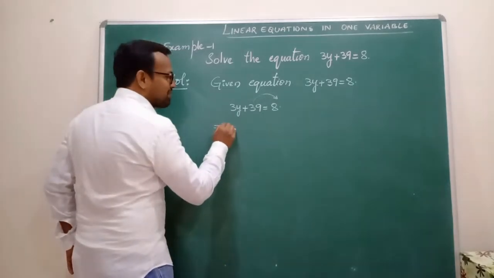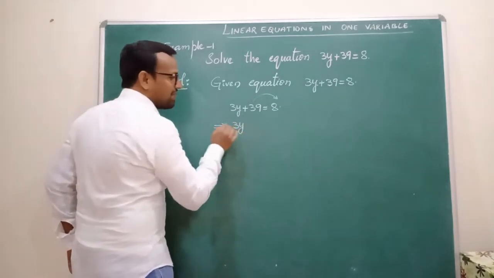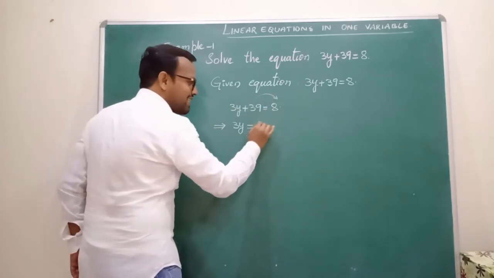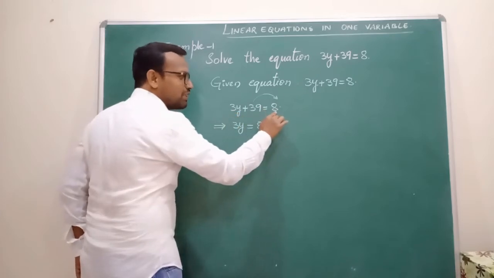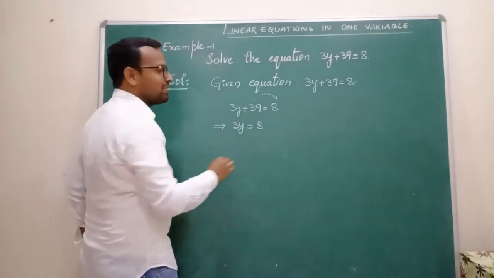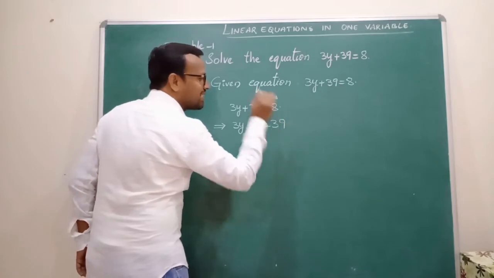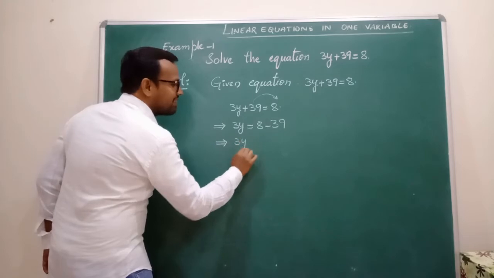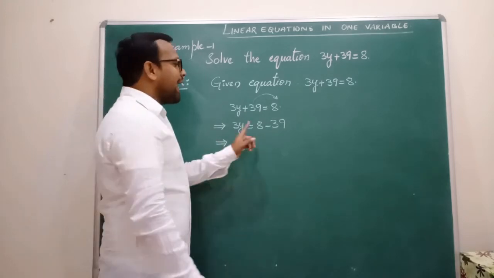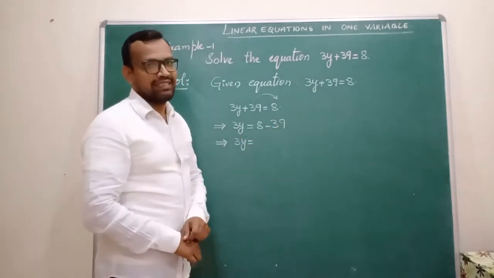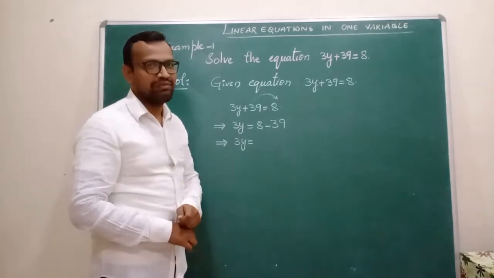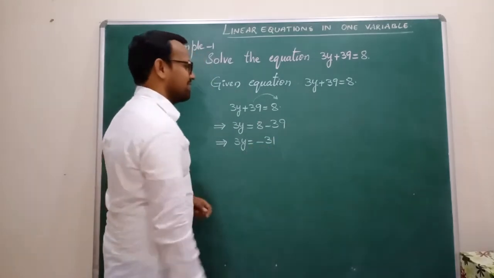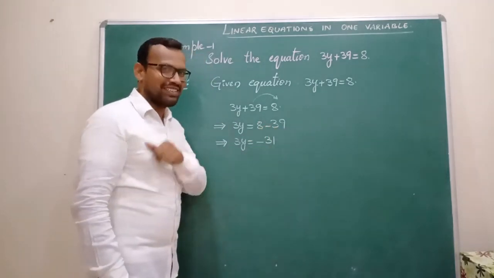So 3y is equal to 8 minus 39. What is the value? Yes, minus 31. The bigger one got minus, so the answer is minus.